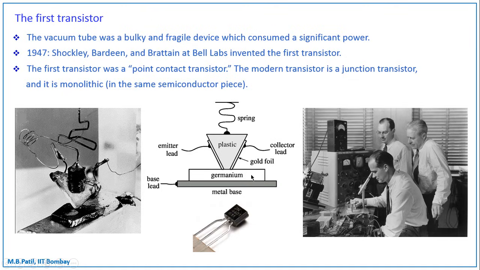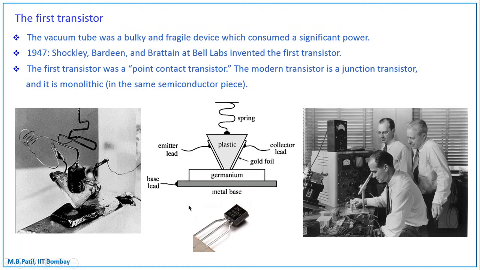In those days it was germanium, and this way a point contact was made between this emitter and the germanium, and also between this collector and this germanium. This semiconductor was called the base, and that is how we have this emitter, base, collector, transistor structure.